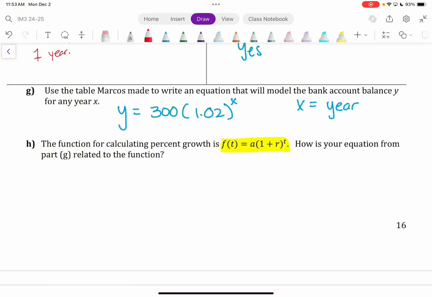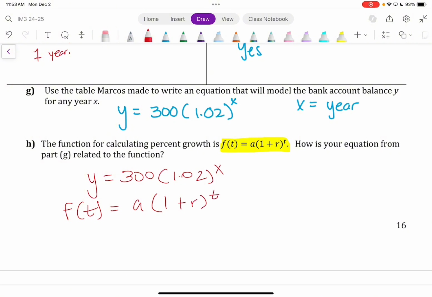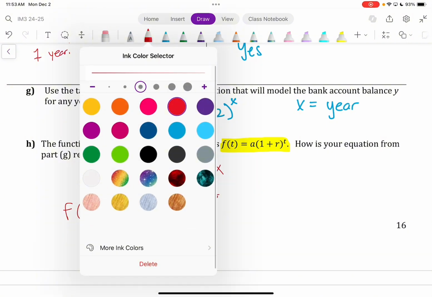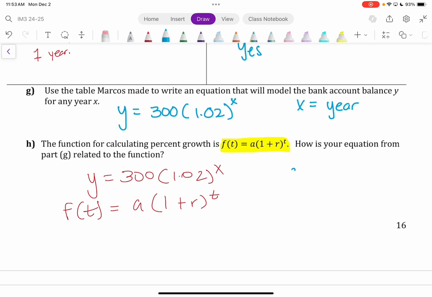How is y equals 300 times 1.02 to the x equal to this function? Where do you see the similarities? Well, it's very clear that the value of a is your initial amount. We can see that because a is equal to 300.